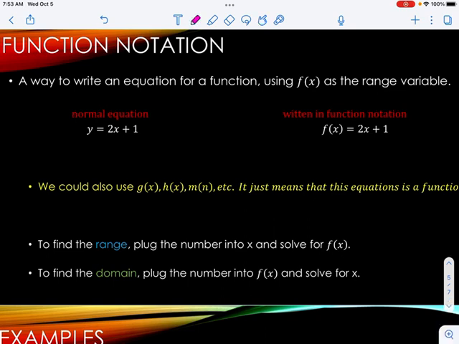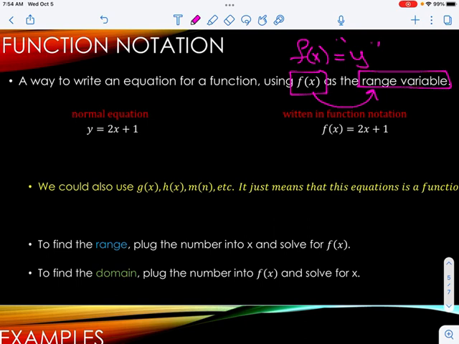Now, the way it looks kind of funny, but all they simply do is they take the f of x and they write that for the range variable. Now, if you think back, what is normally the range variable? The range variable is normally y. So all they're doing is they're taking the y out and they're putting the f of x in.